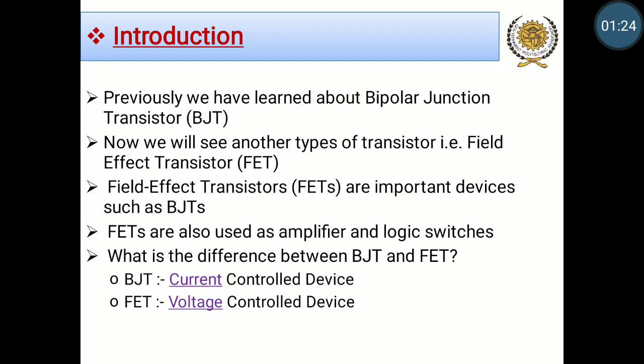FETs are also used as amplifiers and logic switches. Now BJT and FET both have the same applications. Then what is the difference between BJT and FET? The basic difference between these two is that BJT is a current controlled device and FET is a voltage controlled device.